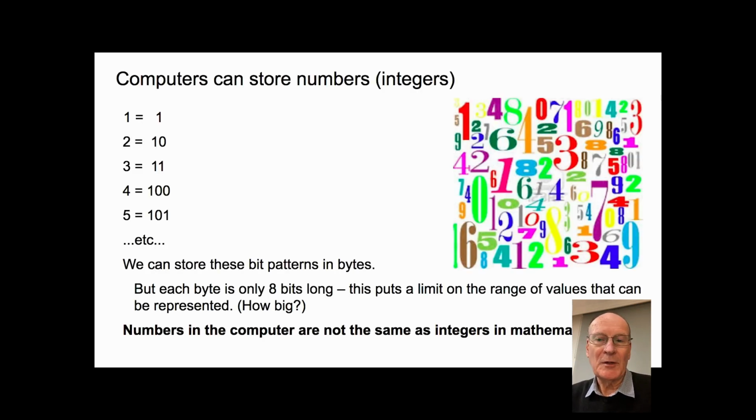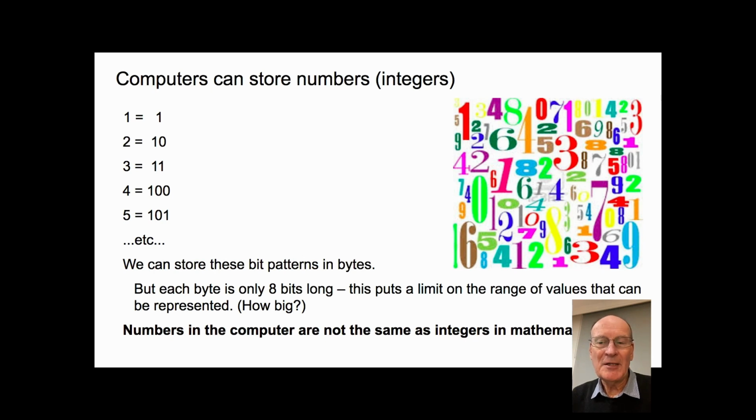So, let's look at the first thing, which is numbers. Now, you know from the previous unit that we represented our decimal numbers in binary, just change the base, so that's pretty easy. Of course, it becomes not so easy when we realize that our memory is broken up into these 8-bit bytes, and that puts a limit on the range of values that can be represented.